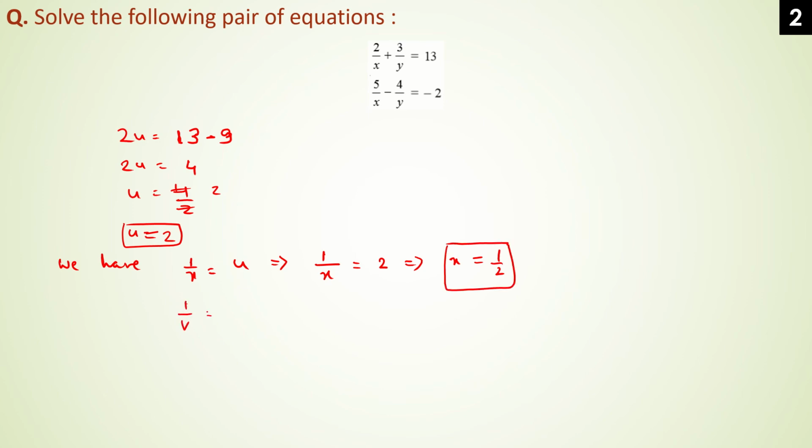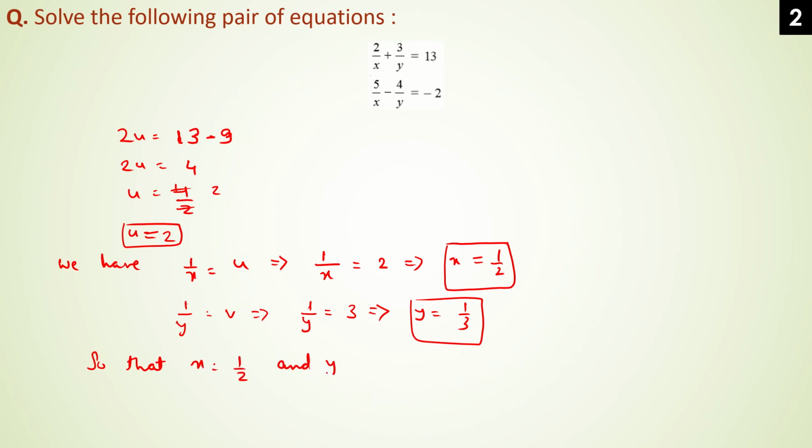Again we had 1 by y as v, that means 1 by y equals 3, and hence the value of y will become 1 by 3, so that x is equal to 1 by 2 and y is equal to 1 by 3. That is the answer.